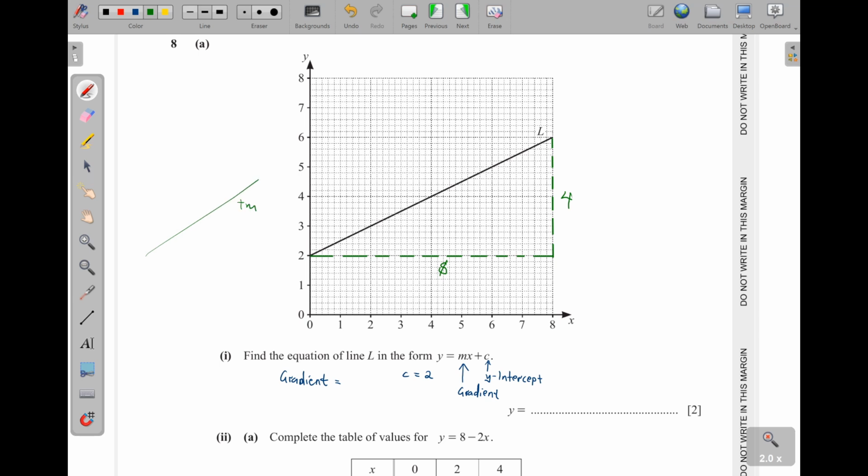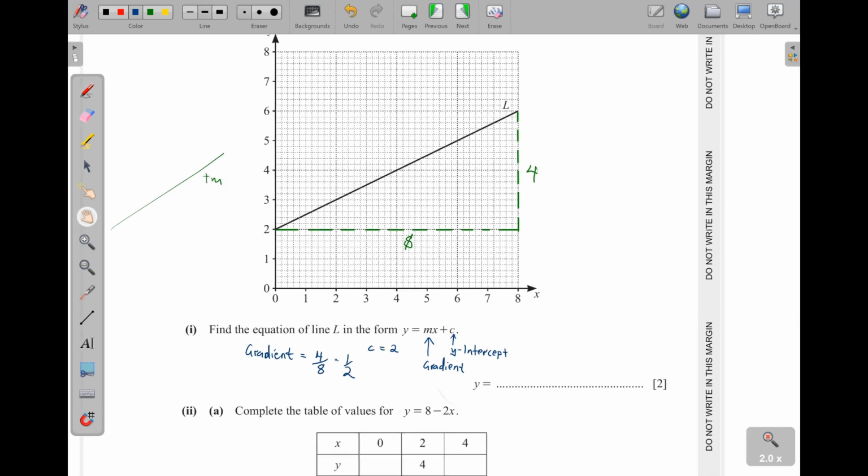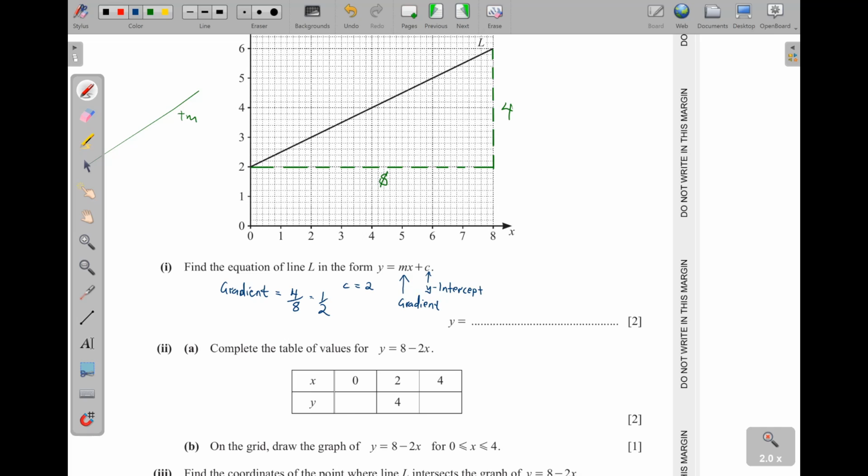So the gradient is going to be positive 4 over 8, which is the same as a half. So that therefore implies that we are going to write y is equal to a half of x, then plus 2.